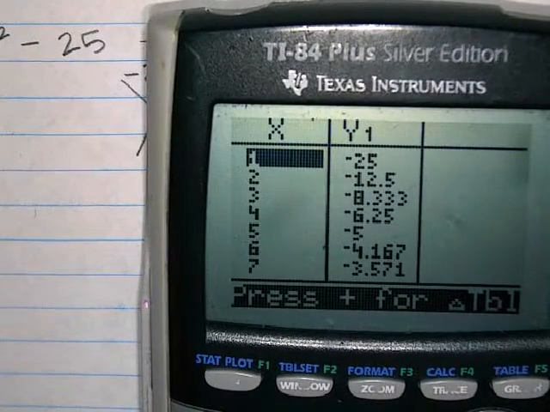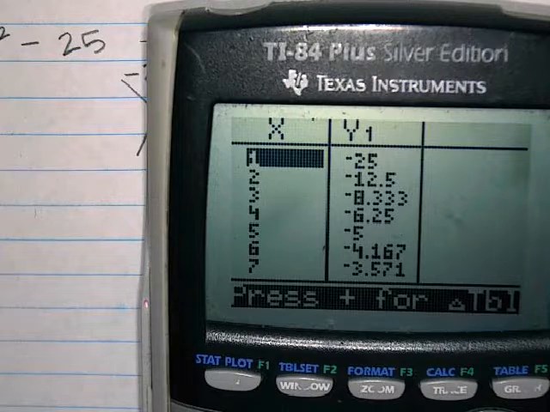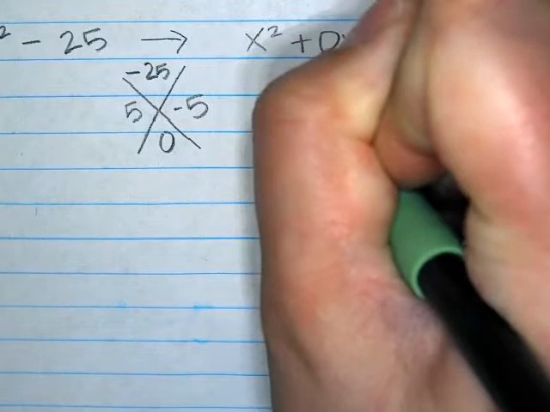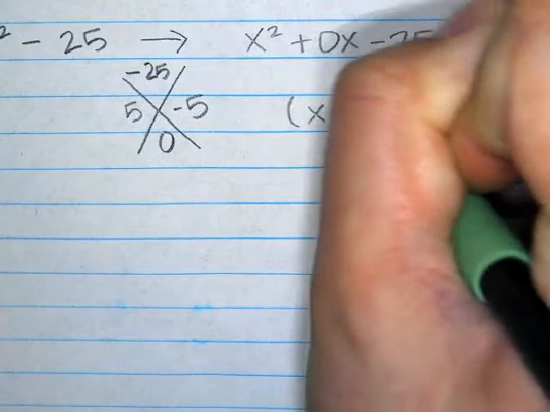What is it? 5 and negative 5? Okay. So the answer is x plus 5, x minus 5.